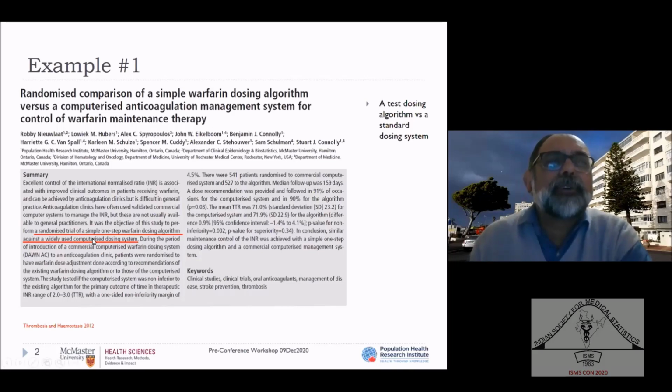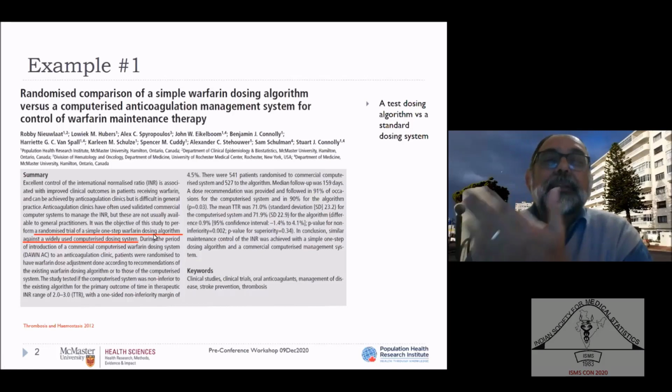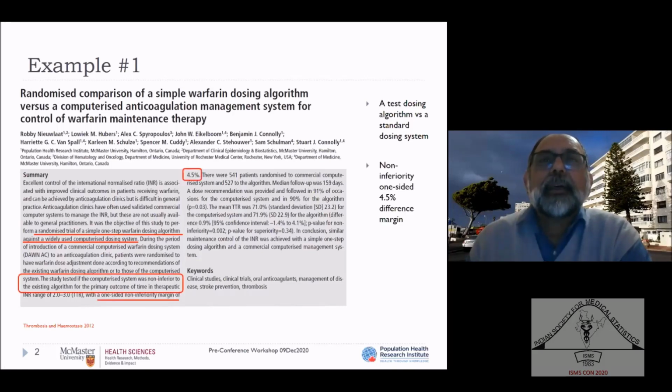This was a randomized trial of a one-step warfarin dosing algorithm against the widely used computerized dosing system that was already accepted as the standard. So it is not just a new drug, it is the same drug, but in a different dosing system.